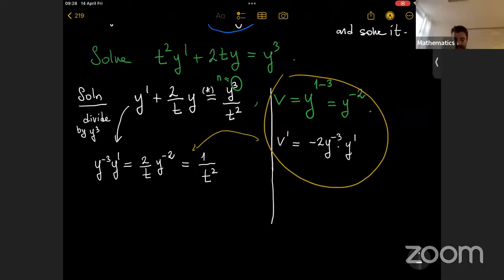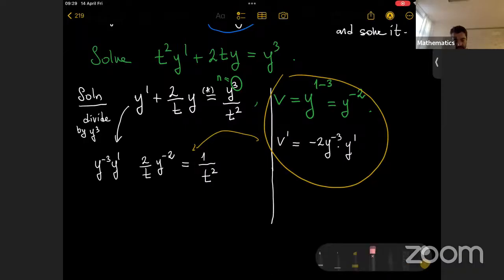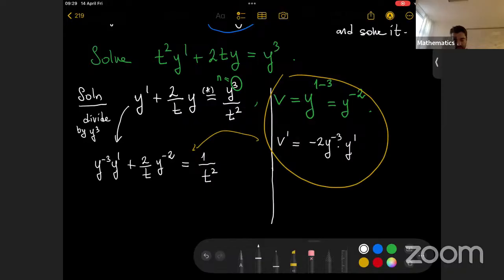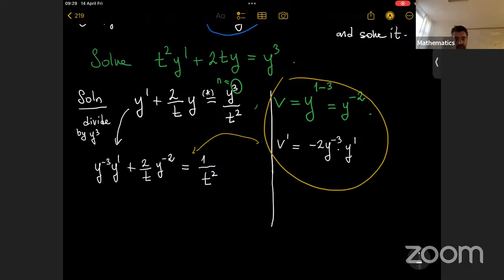Sorry, there is plus here. Y to the minus 3 times y prime plus 2 over t times y to the minus 2 is equal to this. Okay, so what is this here?